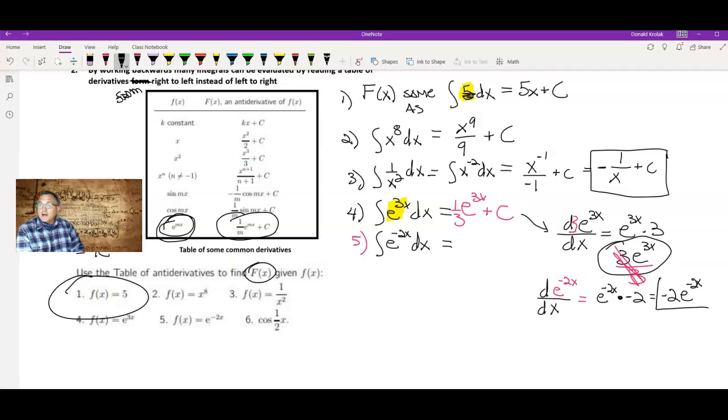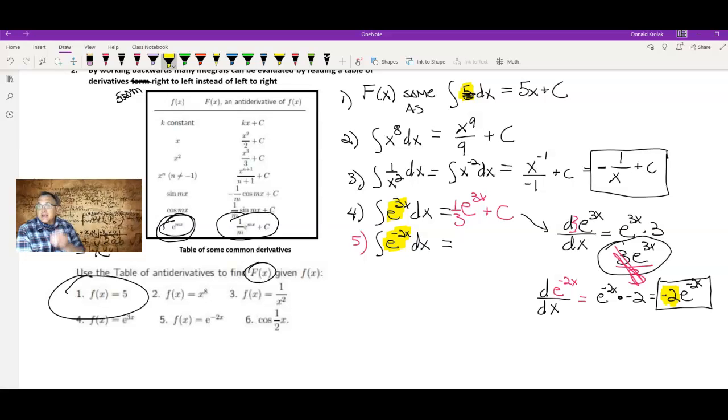Now, I don't want that. I want just e to the negative 2x. So I've got to think, what would I do to this original so that when I'm done, that negative 2 would get canceled out?